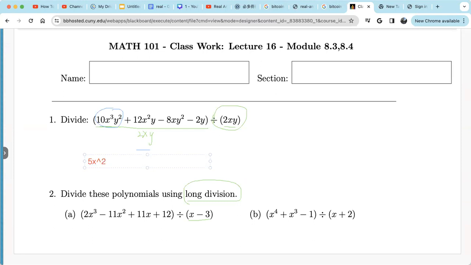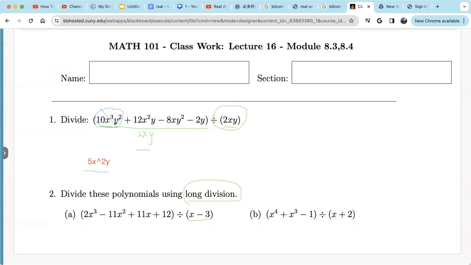For y, we have y squared divided by y, that's just y. Then we'll do the second one, plus 12 divided by 2. Maybe we separate these. I have finished the division for the first term: 10x cubed y squared divided by the divisor 2xy gives 5x squared y.